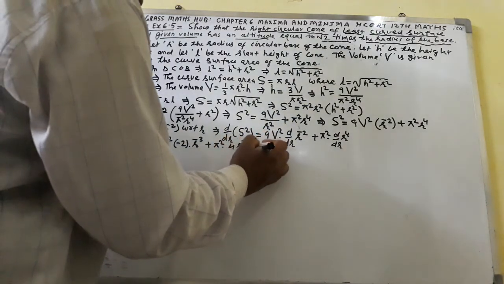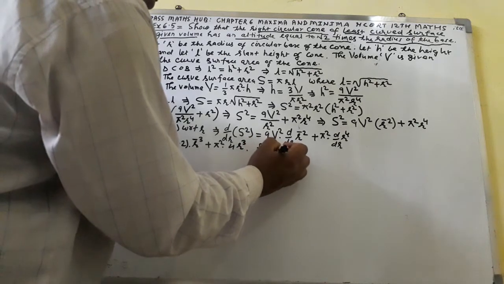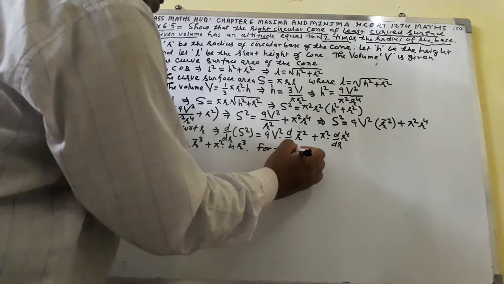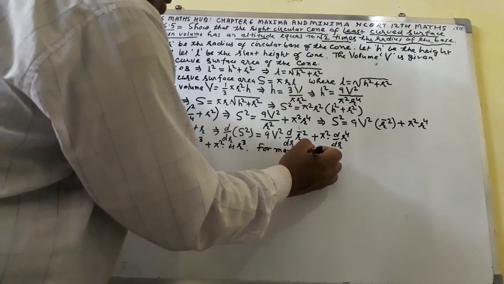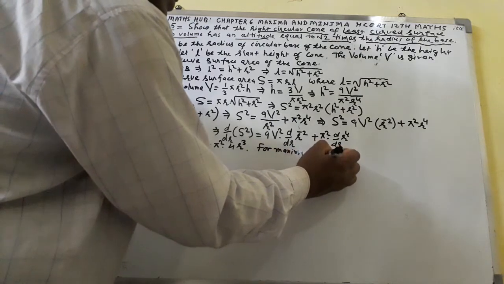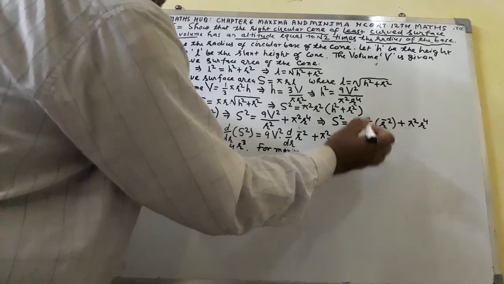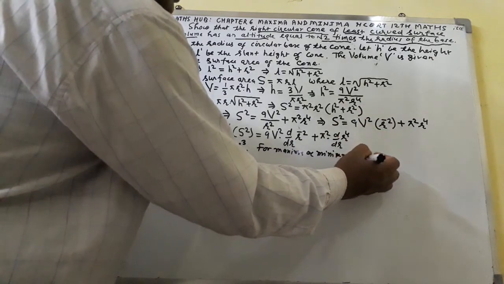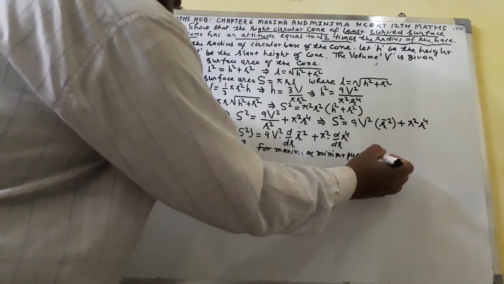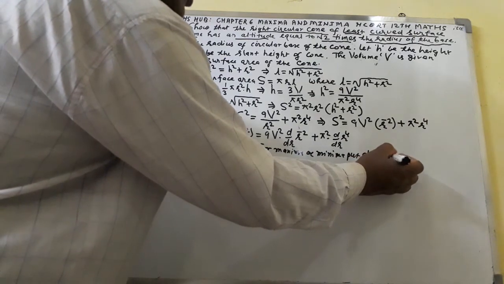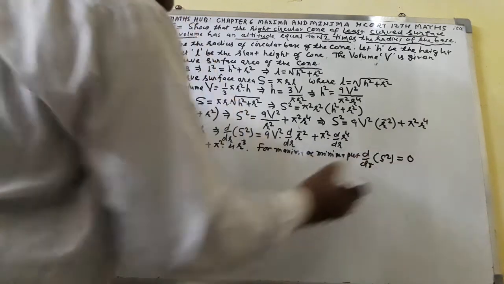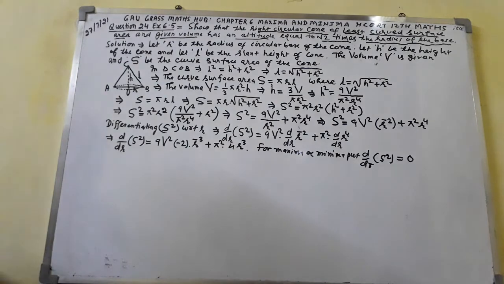Again I shall write, for maxima or minima, put d over dr of S square equal to 0. So this whole value will become 0.